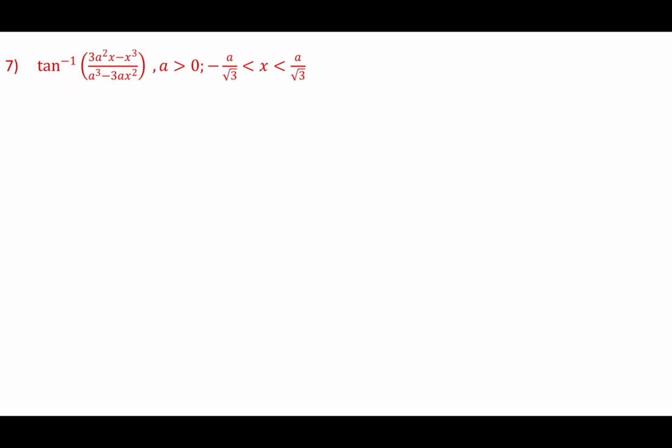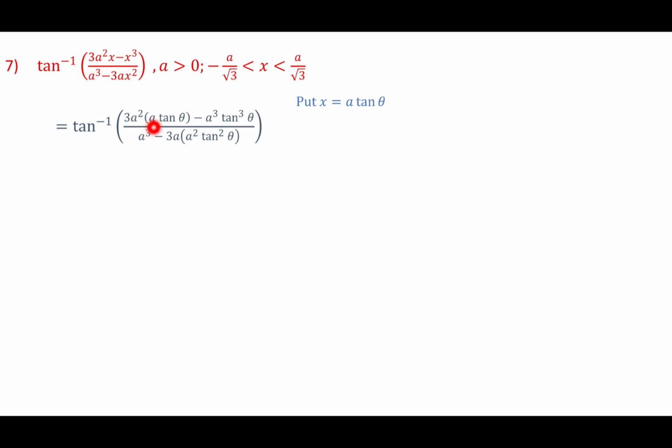That's why I put x as a tan theta. So in place of x, I will write a tan theta. If it is x square, a square tan square theta. If it is x cube, a cube tan cube theta. It will be like this.